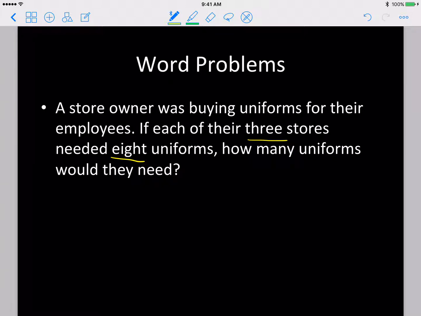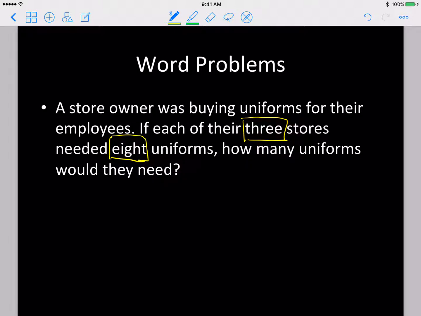So let's think about this. A store owner was buying uniforms for their employees. If each of their 3 stores, that's important, needed 8 uniforms, how many uniforms would they need?